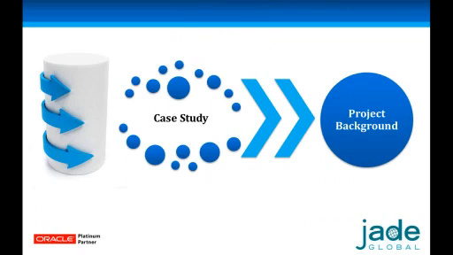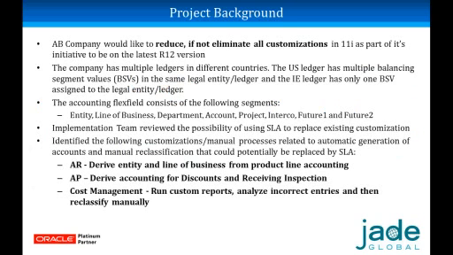Okay, now let's proceed to our case study, and we will talk about the project background. So, ABC company would like to reduce, if not eliminate, all customizations in 11i as part of its initiative to be on the latest R12 version. ABC company has multiple ledgers in different countries.